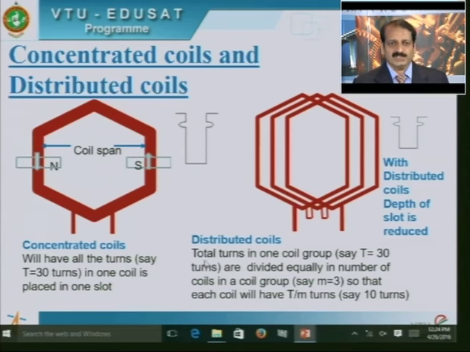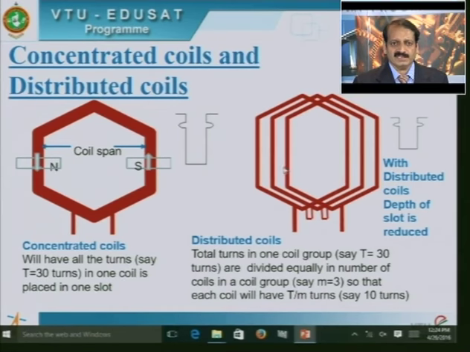In the case of distributed coils, say these 30 turns are divided into 3 coils of 10 turns each, and these coils are housed in different slots. So, now we will call these 3 coils together a coil group, and in this coil group there are m such coils.